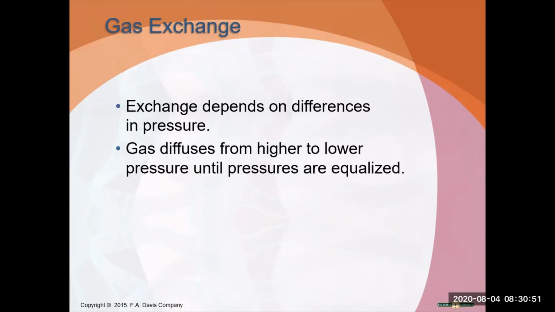Hypoventilation is reduced rate and depth of respirations resulting in increased blood levels of carbon dioxide. And then Kussmaul respirations, these are very deep, gasping respirations associated with diabetic ketoacidosis. You're also probably going to smell a fruity odor on these patients with the Kussmaul respirations.